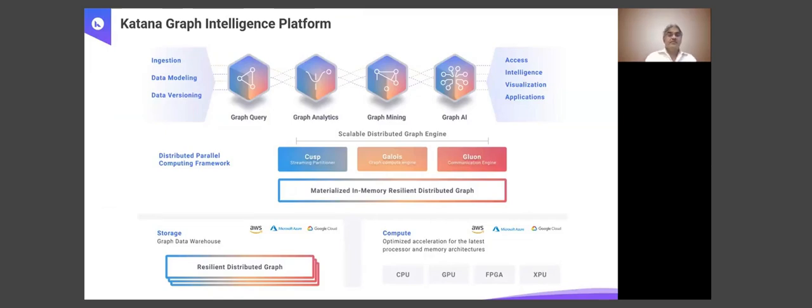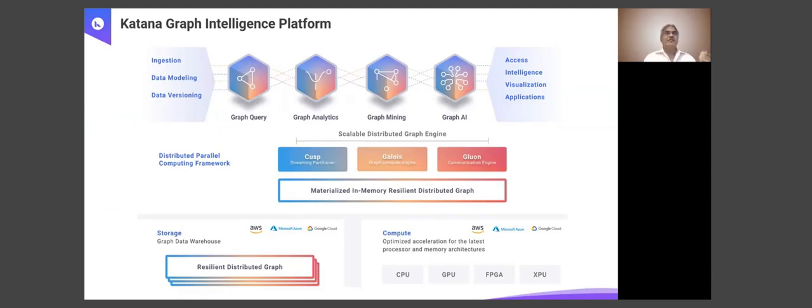So here is the one-click-down cartoon level picture of our system. At the heart of it, in the middle, you can see the scalable distributed graph engine. It's got three parts to it. The first part is CUSP, which is a streaming partitioner. If you have a big graph, it's usually at rest in AWS S3 storage or Google Blob storage or somewhere.